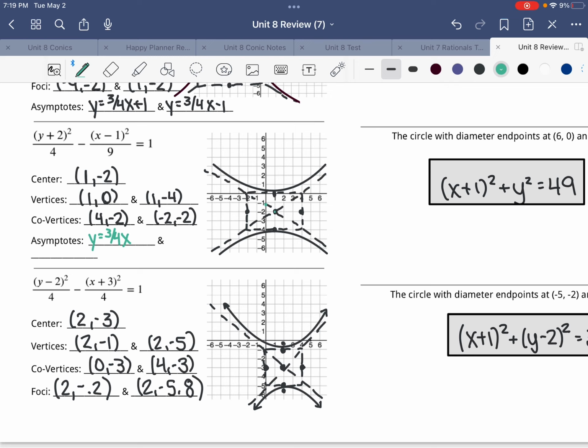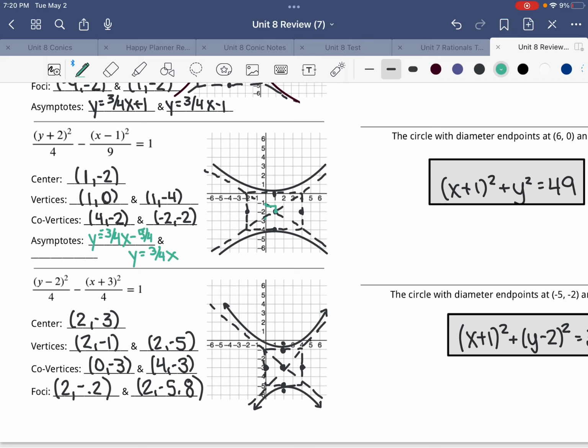So if I'm starting at negative 2 and I go up 3/4 over 1, negative 2 plus 3/4 is negative 5/4. And I guess that's the negative equation because I was looking at the wrong one. And the other one would be y equals positive 3/4 x. Sorry about that.